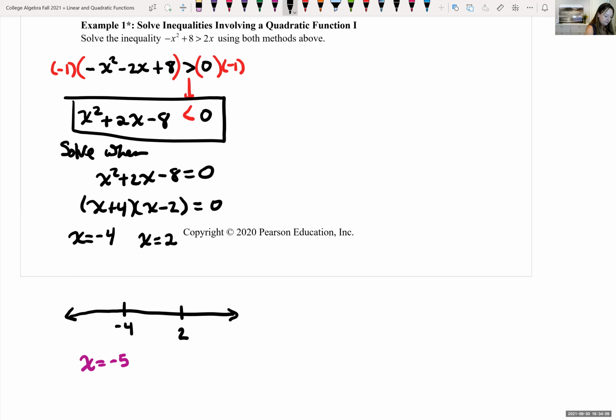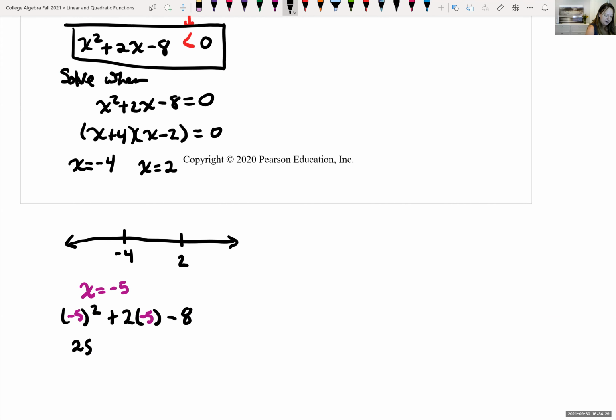So if we plug this into x, we would get -5 quantity squared plus 2 times -5 minus 8. So -5 quantity squared gives us back 25. 2 times -5 is -10, minus this 8. So 25 minus 10 is 15, and 15 minus 8 is 7.